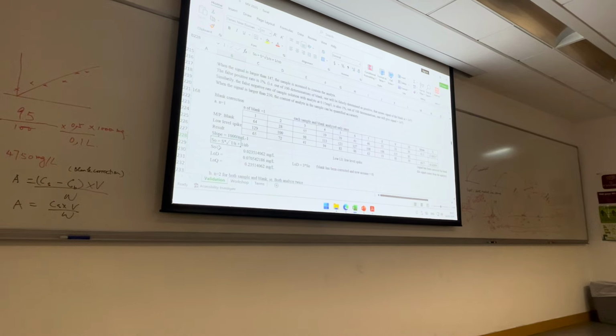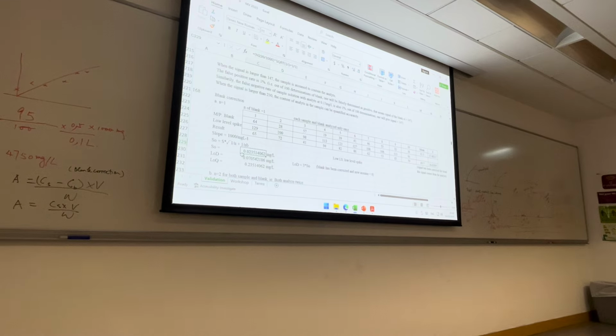The S naught will be the S over the slope times square root of 1 over 1 plus 1 over 1. That is square root 2. Okay? So that will give you 0.0235.